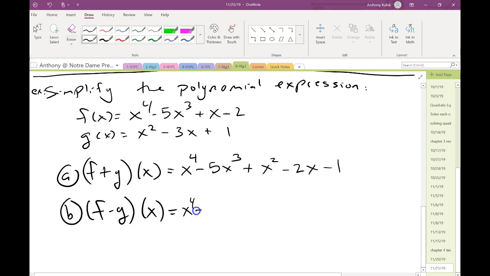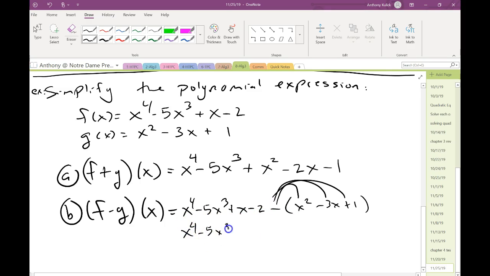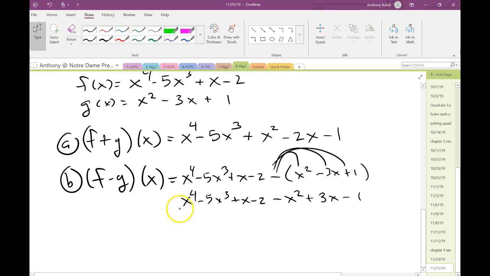Really what we have to make sure of is that when we do this subtraction, that negative sign distributes to everything in the second polynomial. So when I do that, the x squared becomes negative. The 3x then becomes positive, and the 1 becomes negative. And now I'll combine my like terms.